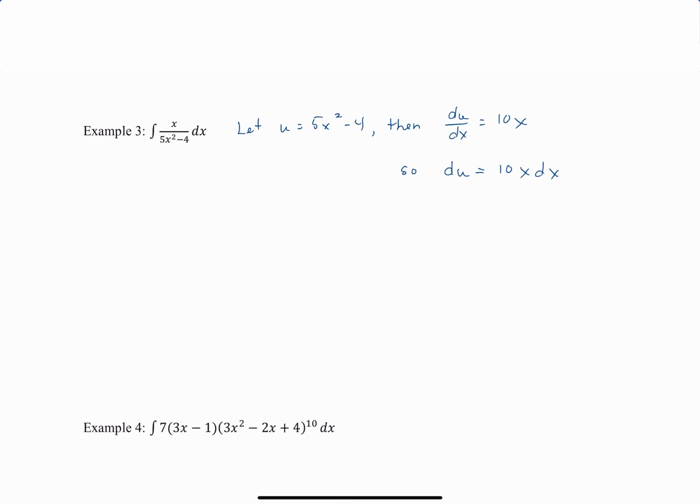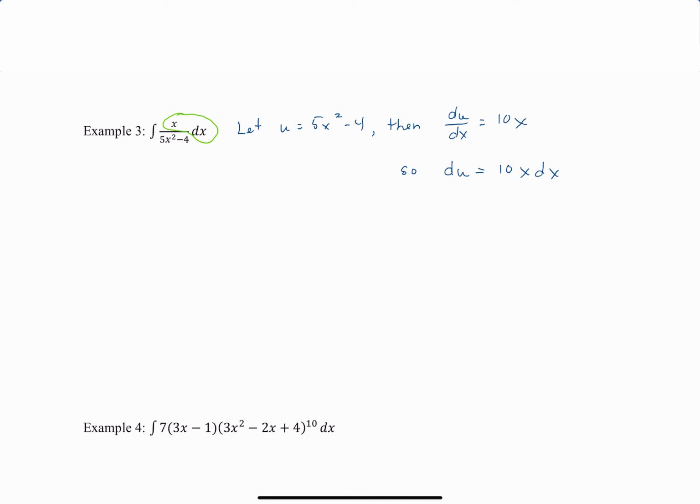Now there is an x dx in the integral. All right, there's my x dx, but there's not a 10x dx. So right now, I need to do a little more work to figure out how I'm going to turn everything into u's.